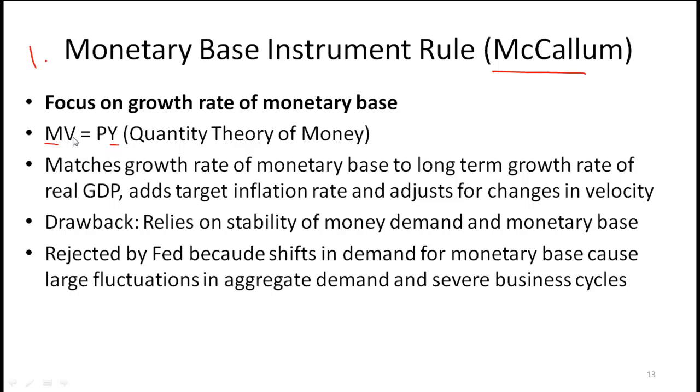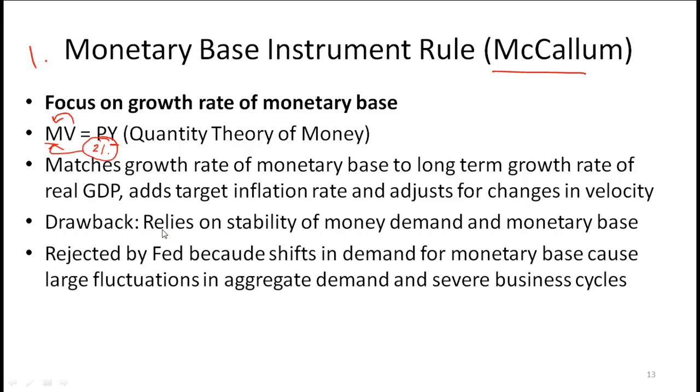And if velocity is constant and price levels want to be kept constant, then M simply needs to increase at the same rate as Y. If there is an inflation target of 2%, then we factor this into the growth rate of money. If velocity is not constant, then we also factor that into the growth rate of money.